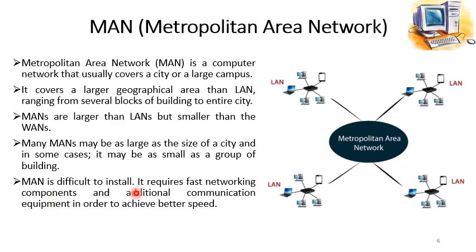MAN is difficult to install. It requires fast networking components and additional communication equipment in order to achieve better speed. So it is expensive as compared to the local area network, because it requires more sophisticated hardware and other networking components.